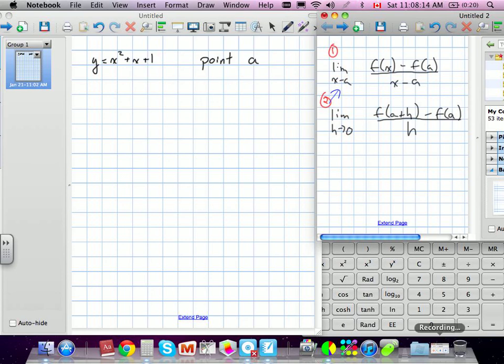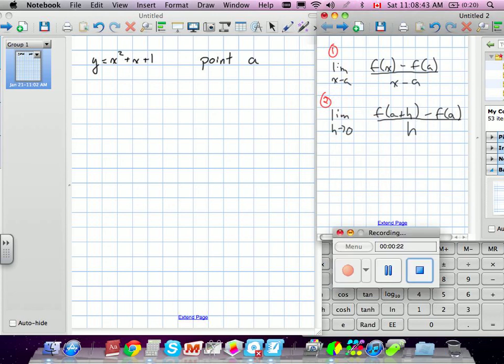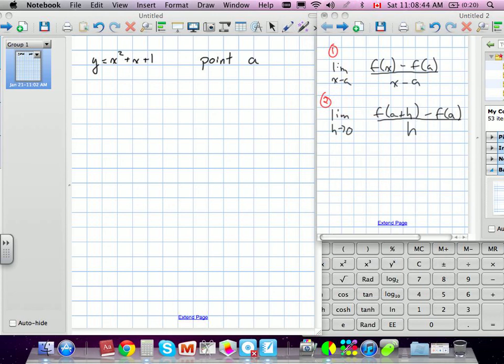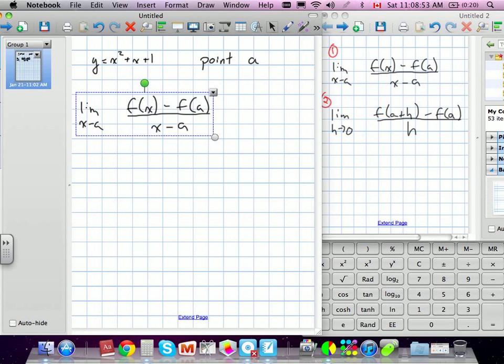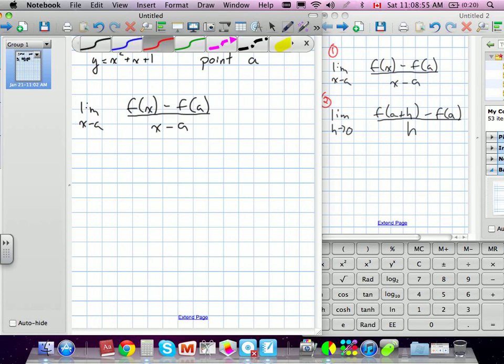Because we're looking at x as it approaches A, we're going to bring this formula over. This is the formula we're going to be working with, the limit as x approaches A. We're using the first function, plugging in A replacing the x's.